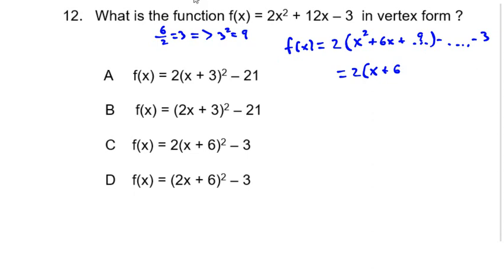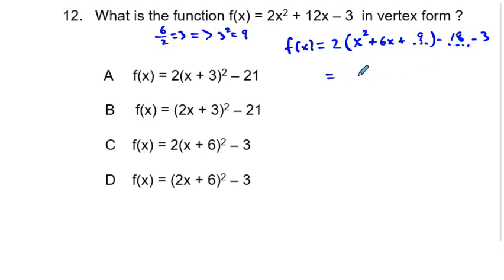Now here's where some people get into trouble. Do you subtract 9 from this? No, you don't, because what you added is not 9, but 2 times 9, or 18. So we're going to have minus 18 on the right. So these are equivalent.